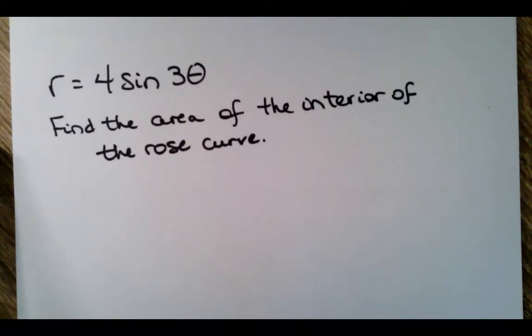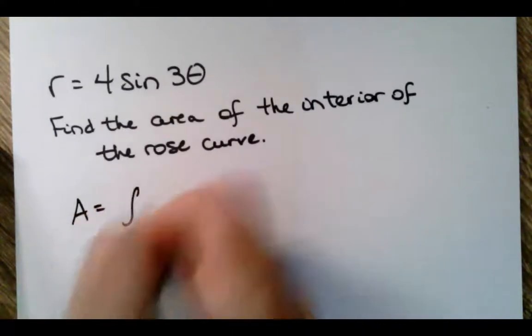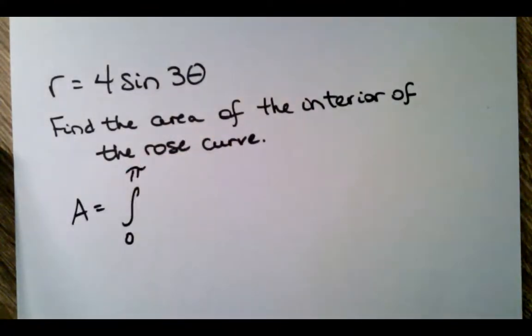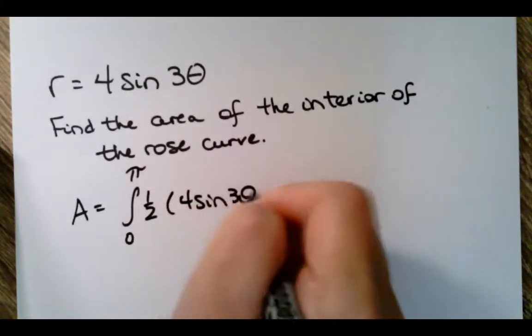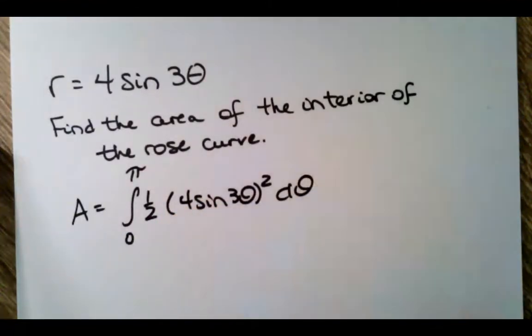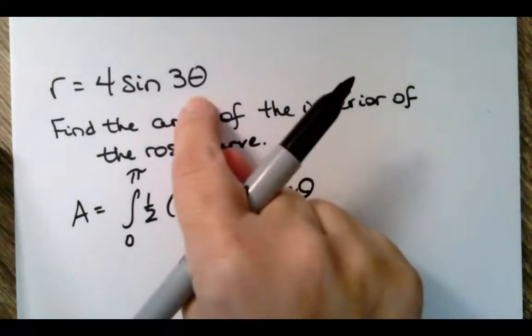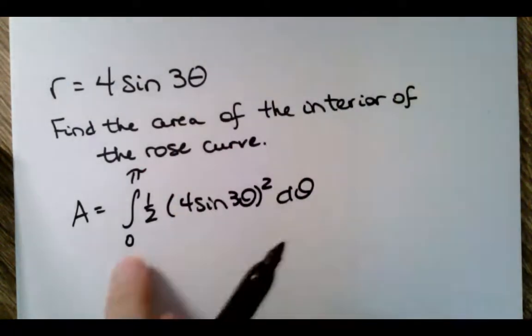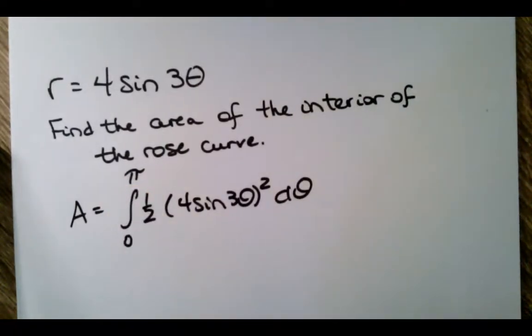And so if we remember that, then we know we can integrate from 0 to pi, 1/2 r squared d theta. And that's going to give me the interior of this particular curve, because by the time I get to pi, I have finished graphing the rose curve.